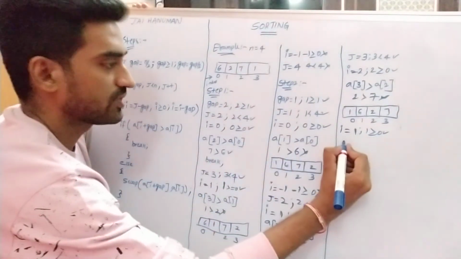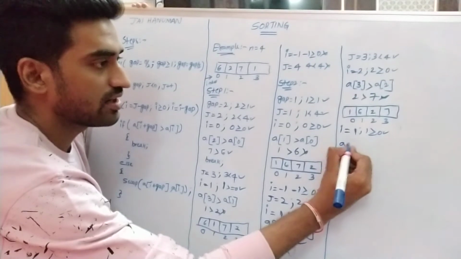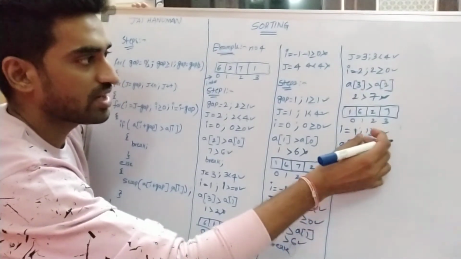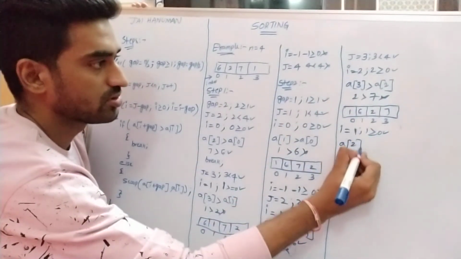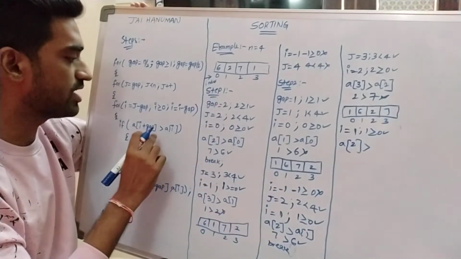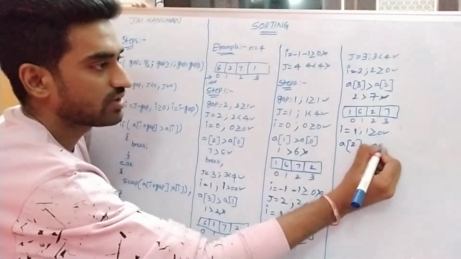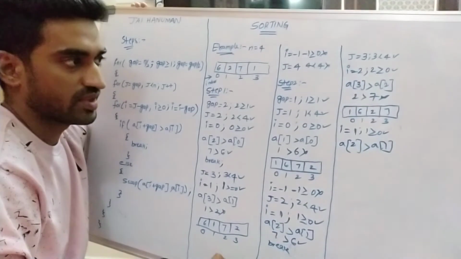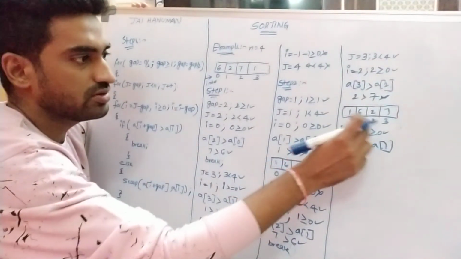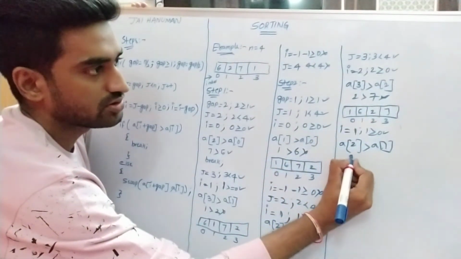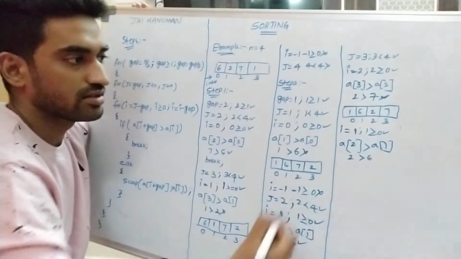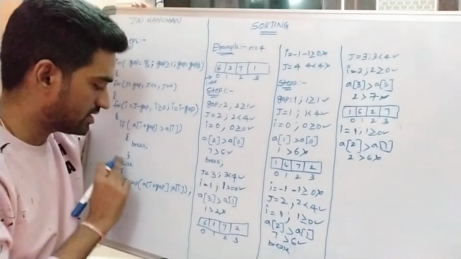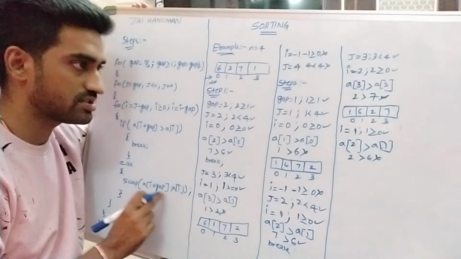If Y of I plus gap, Y of 2, greater than Y of I, Y of 1. So we are comparing Y of 2 and Y of 1. That is 2 greater than 6. Condition is failure. So that's why we execute the else part. In the else part we are swapping these two.